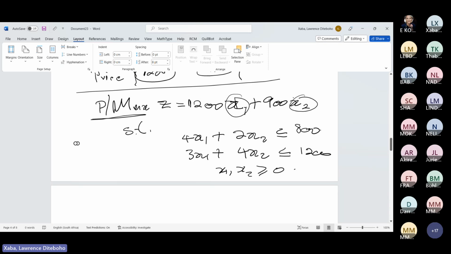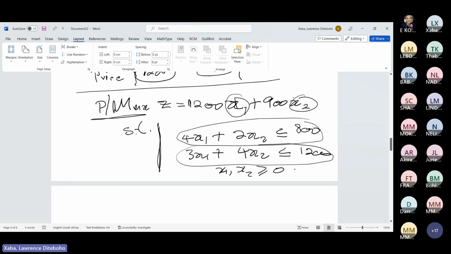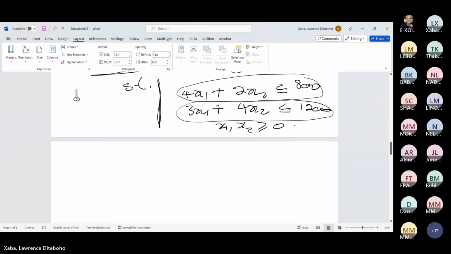But for us to do that, our focus is going to shift for now to our constraints. We are using the graphical method, so these two equations we are going to use to do our graph. We'll have two lines representing these two constraints, and from there we'll be able to get our information.